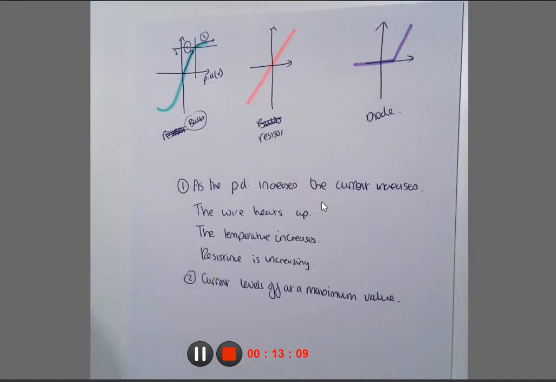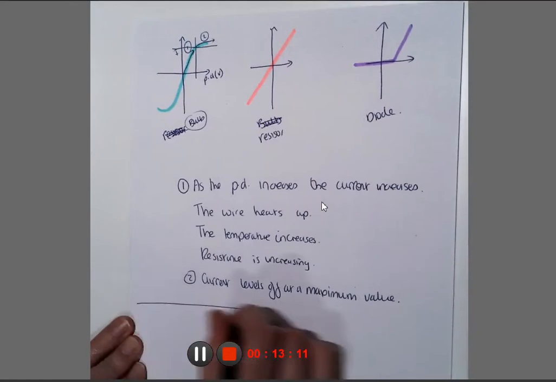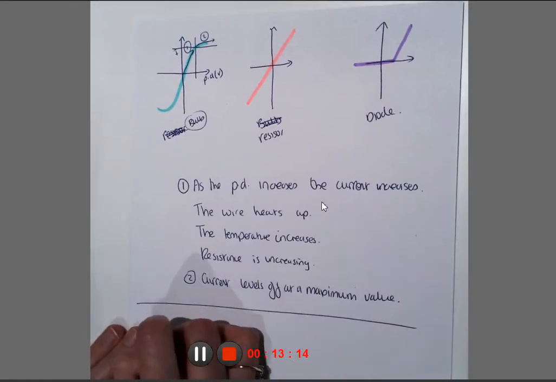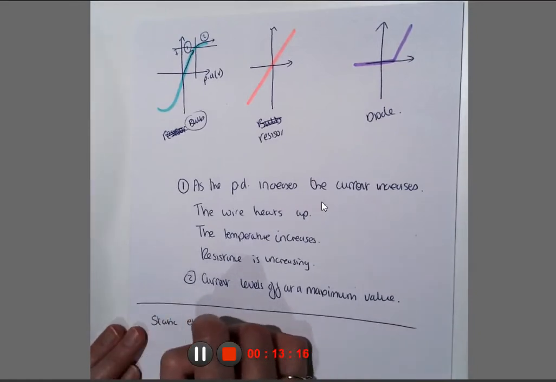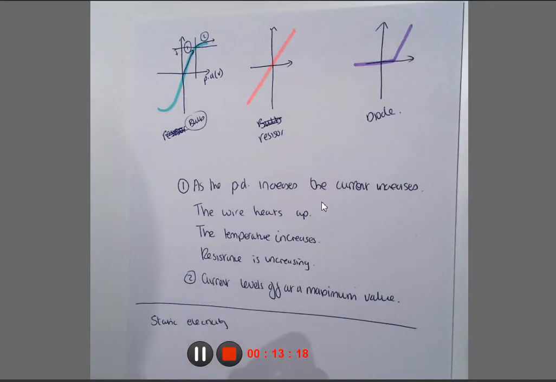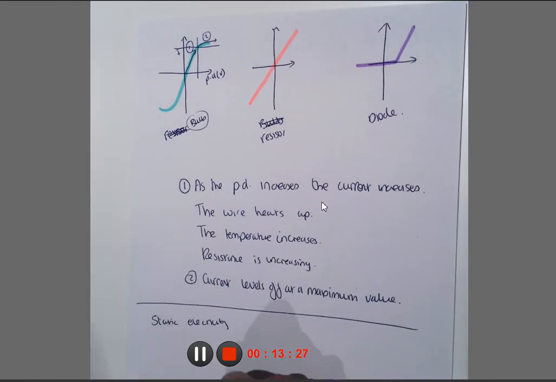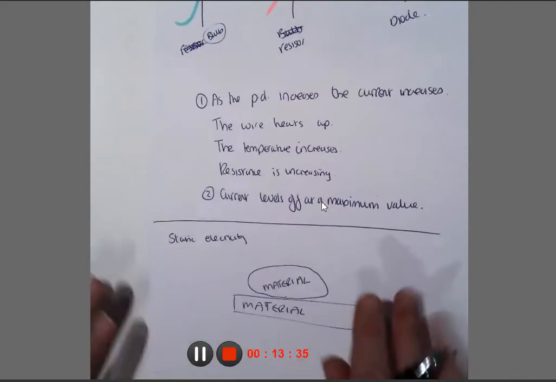Right, the very last bit we need to revise is just quickly about static electricity. So what you need to remember is, let's say you've got some sort of material here and you've got some sort of material here, but they're both insulators, so not metals.